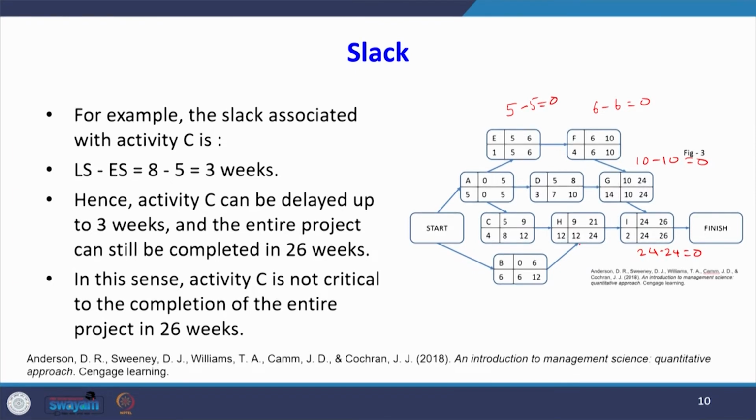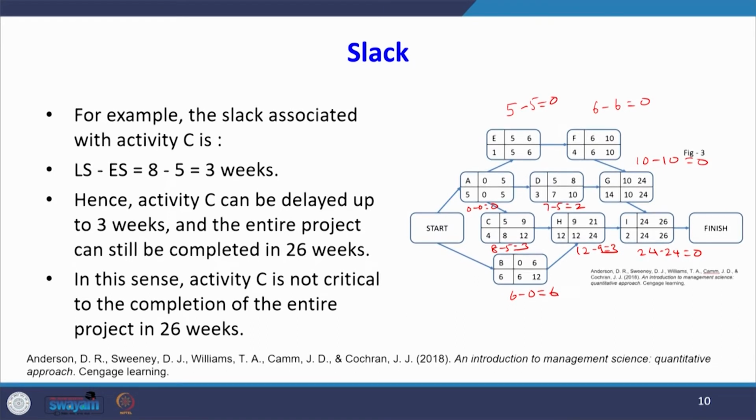Activity H, 12 minus 9 equal to 3. For activity D, 7 minus 5 equal to 2. Activity A, 0 minus 0 equal to 0. Here 8 minus 5 equal to 3, here 6 minus 0 equal to 6. Now, I have found the slack for all activities.